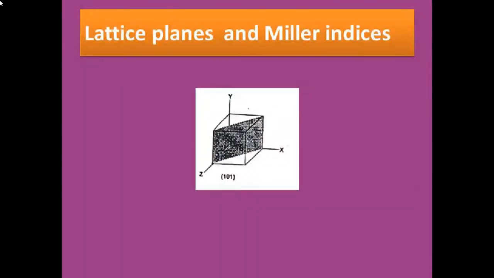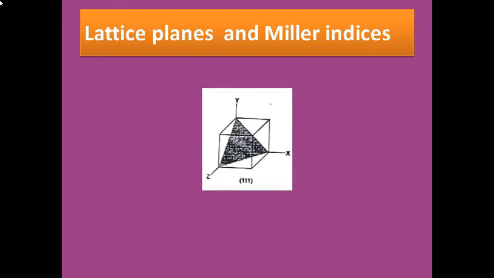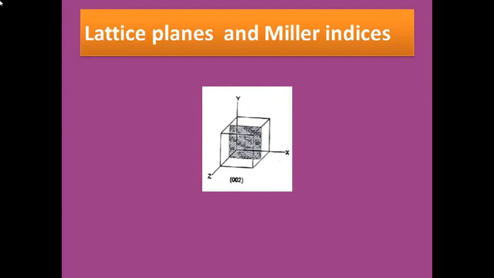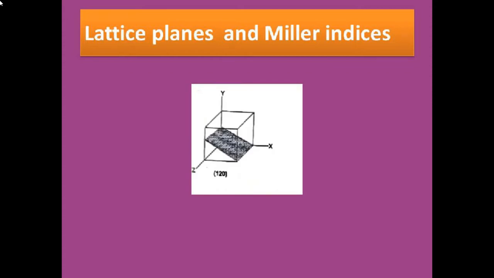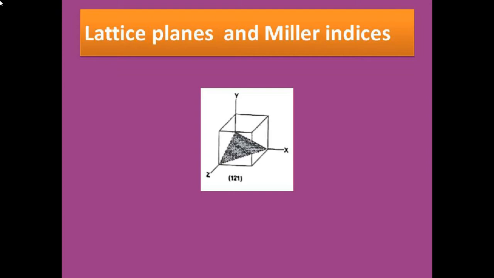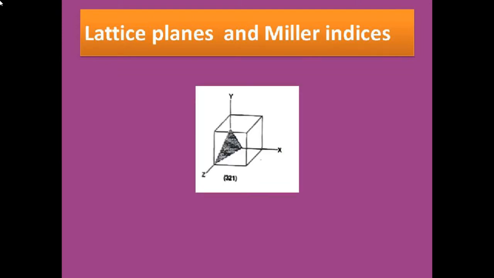This slide indicates 1 0 1. This slide shows 0 1 1. This diagram gives the 1 1 1 representation. This figure gives the 2 0 0 representation. 0 2 0, 0 0 2, 0 3 0 representation. 1 2 0, 2 2 2, 1 2 1, 2 1 0, and 3 2 1.